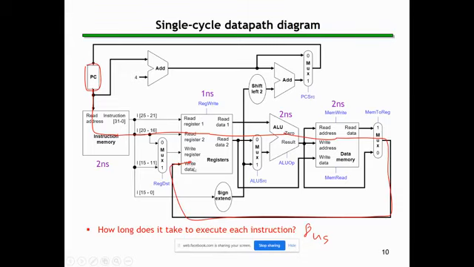How long does it take to execute each instruction? 8 nanoseconds. You see 2 and 2 is 4, then 5, then 6, 7, but why is it 8? Because the register file is used twice, once for read and once for write. So it becomes 8 nanoseconds overall.